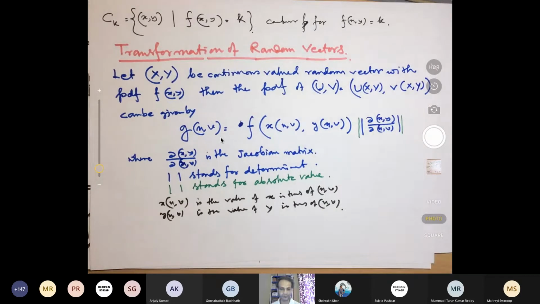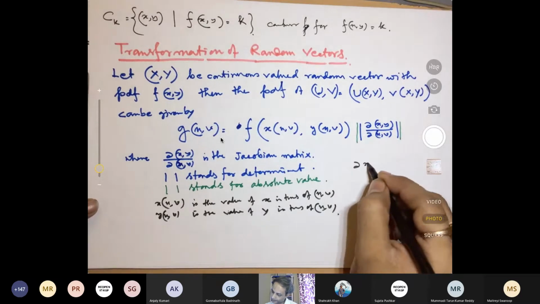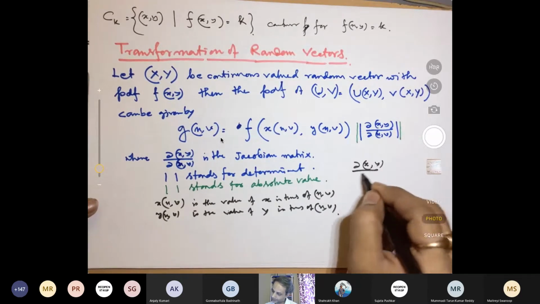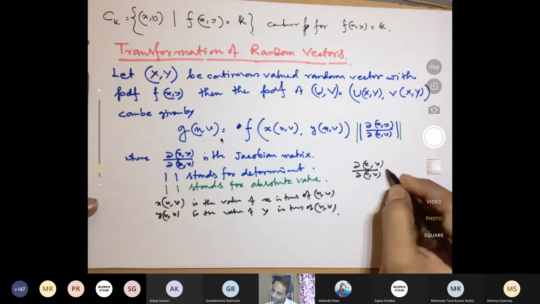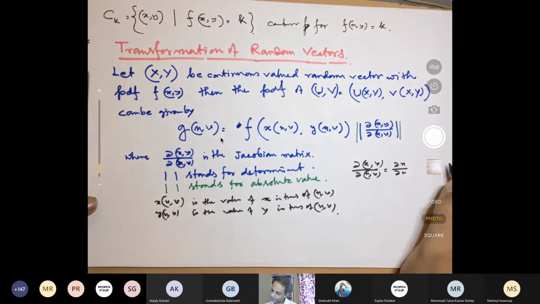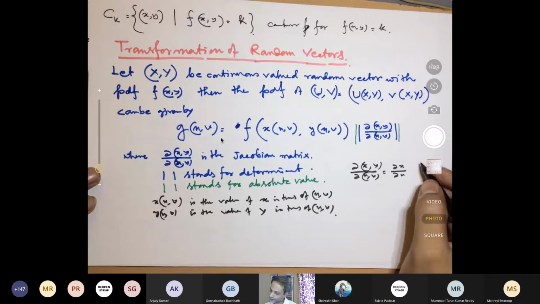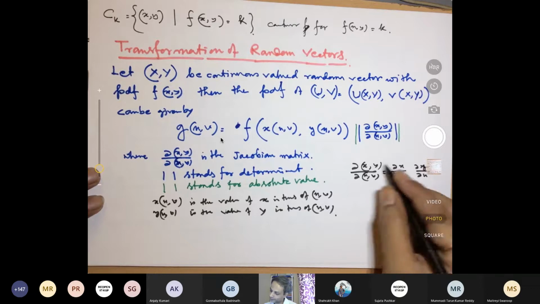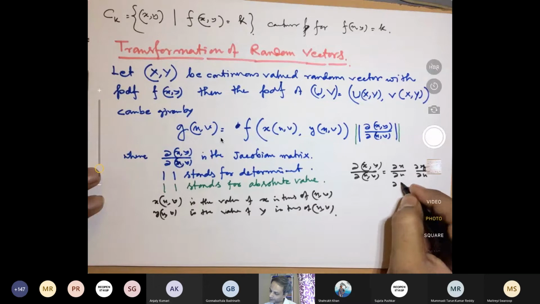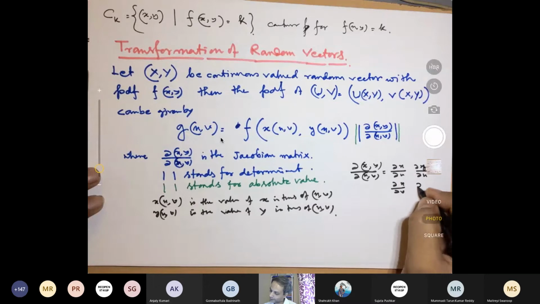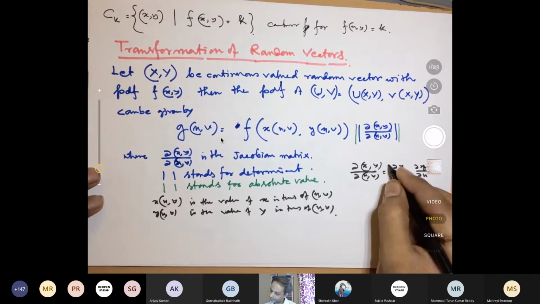This derivative, del(x,y) by del(u,v), is nothing but the matrix with entries del x del u, del y del u, then del x del v, del y del v.